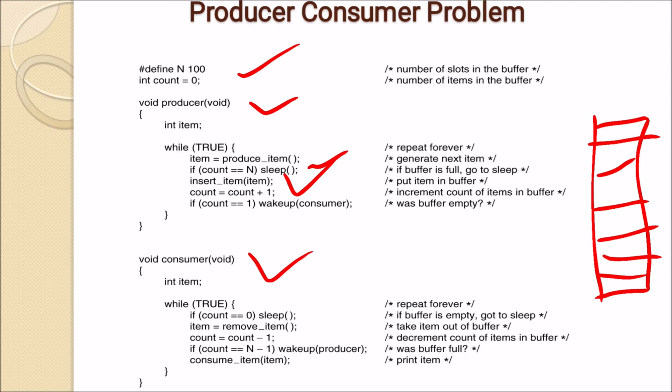Now the situation is that the buffer was empty, and this is the first item. So we have to inform the consumer that now there is data in the buffer, so the consumer can consume from it. So we can wake up the consumer.